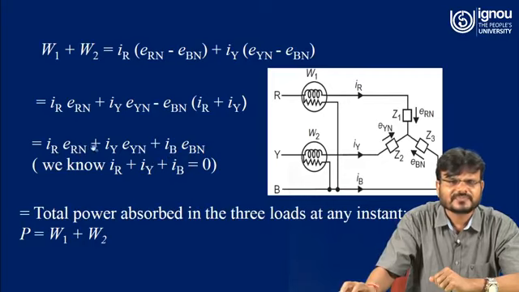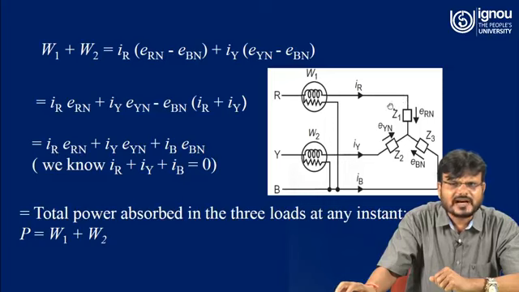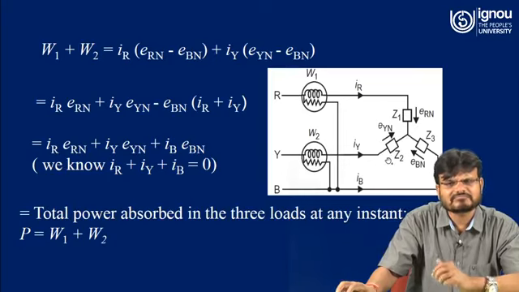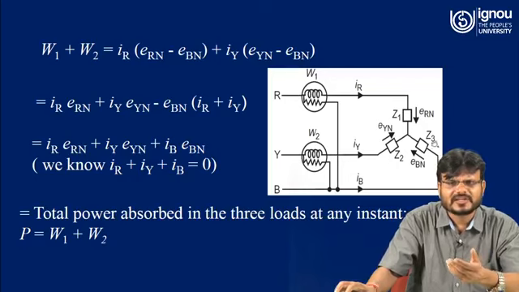Here you can notice what this iR and eRN are. iR multiplied by eRN is nothing but the power of the R phase, or you can say the power across this Z1. Similarly, this iY into eYN is the power measured by the Y phase, and the power measured across this Z3 is iB multiplied by eBN.